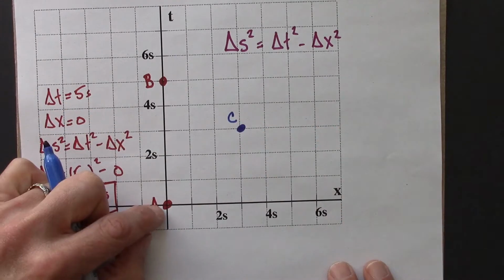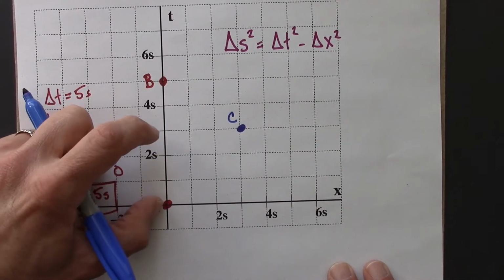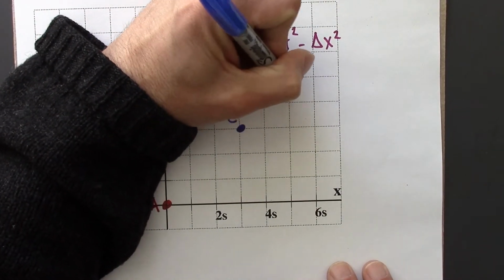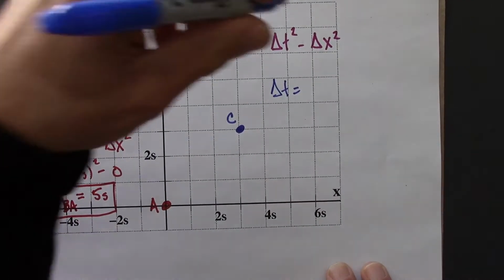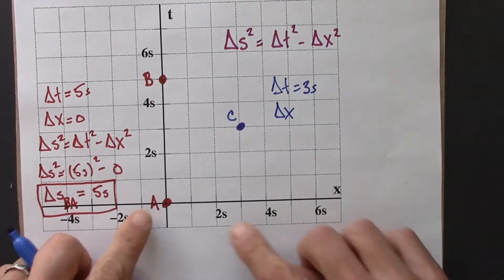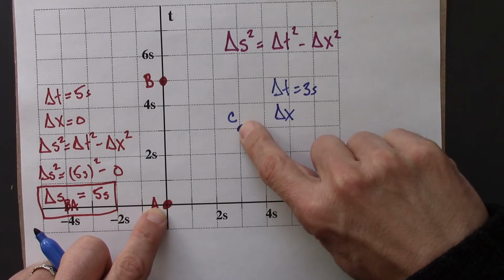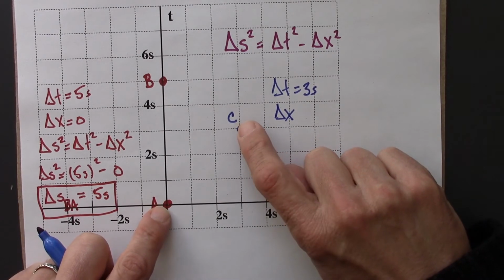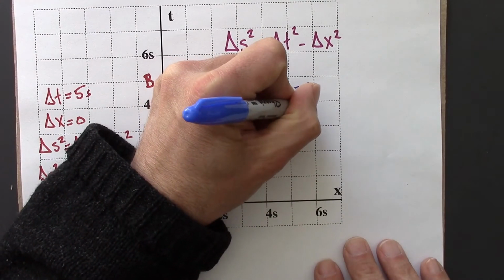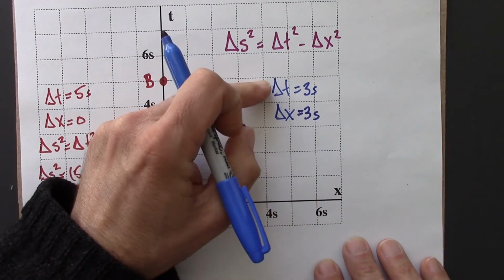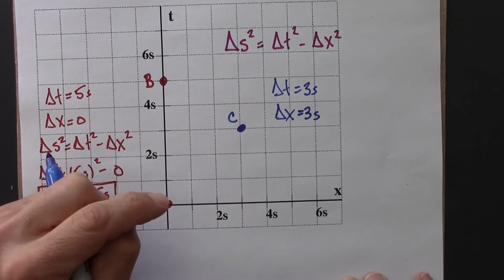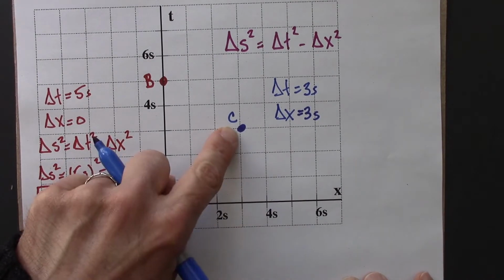That's the difference in time between event A and event C: 1, 2, 3. What about delta x? The difference in the x coordinate from event A to event C is also 3 seconds. So no big deal. This event C just happens 3 seconds later in space and 3 seconds later in time.